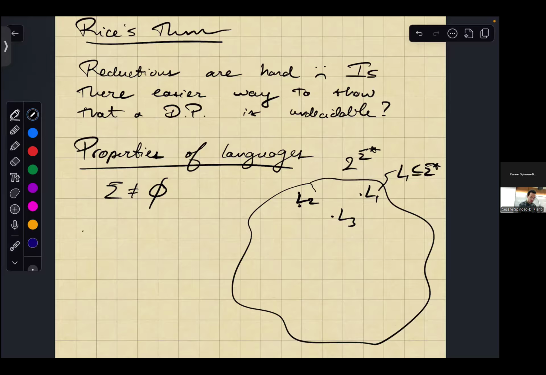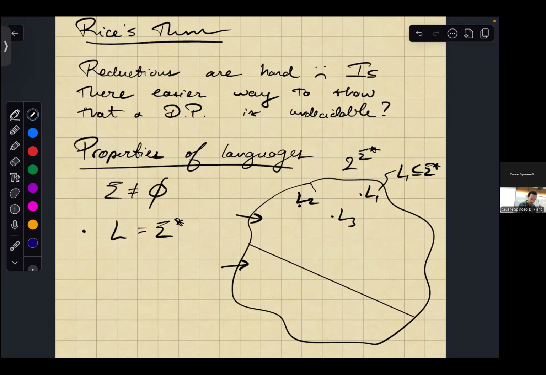So for instance, L equals sigma star is a property of a language because it might partition this set like this, where this is the part of the set of languages that satisfies the property, and this is the part that doesn't. So there's a binary partition, right?